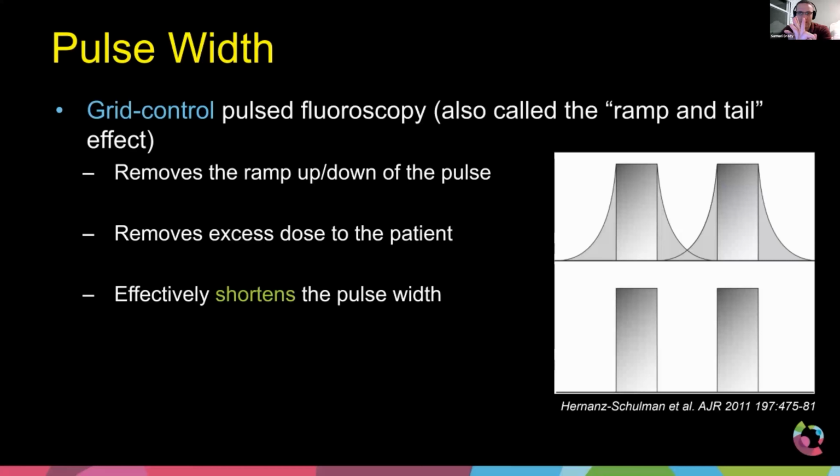And the minute you step on the pedal, it will snap off, and so the electrons go, and then it'll snap back on, snap off, snap on, snap off. And it's the grid, that's the pulsing. And so it's able to create more of a distinct edge and you don't have these tail effects. So it effectively shortens the pulse width, removes excess dose to the patient, and it's better for the overall image quality.